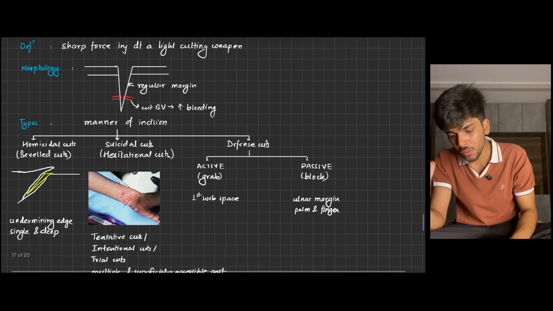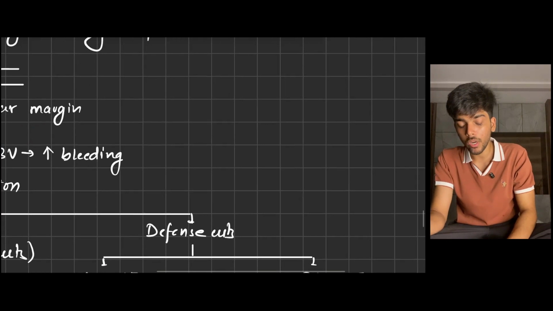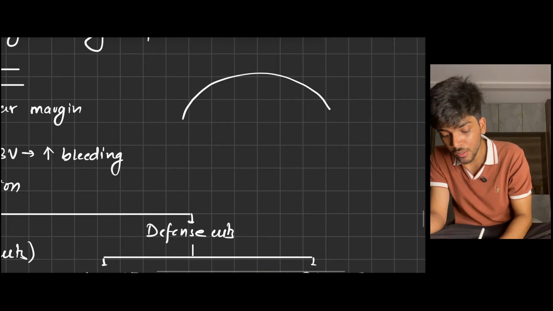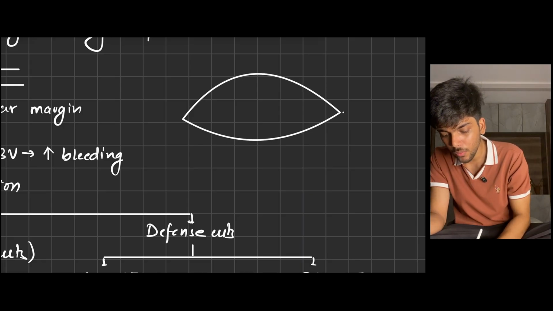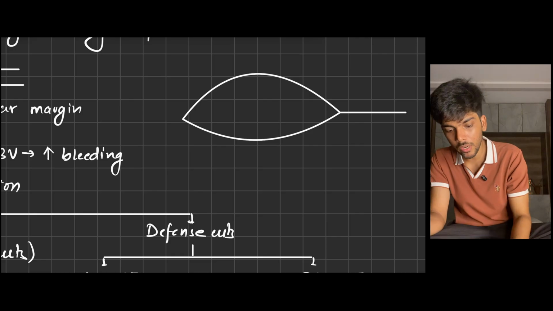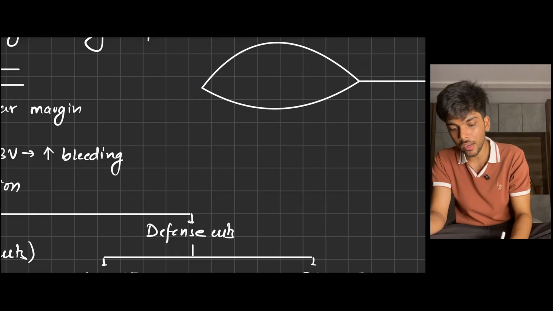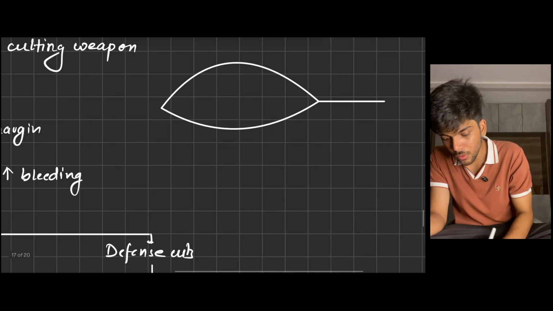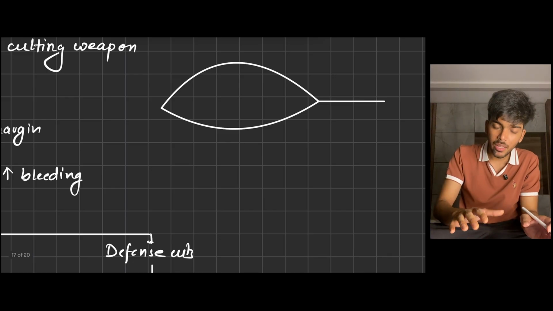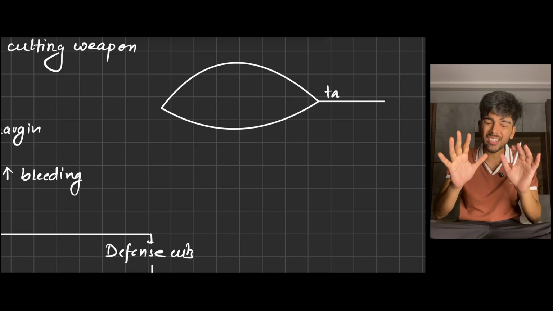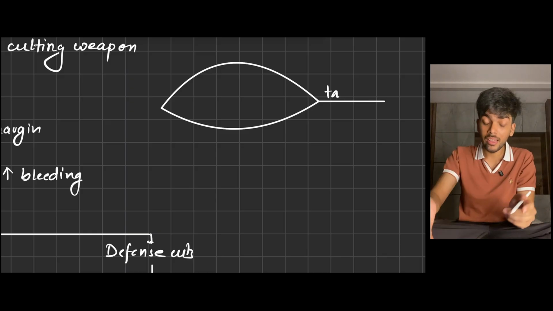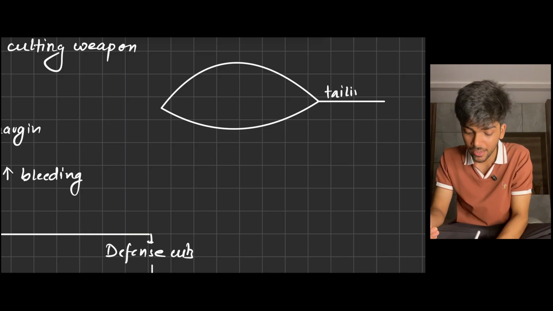So I showed you morphology from the side. What about morphology from the top? From the top, an incision looks spindle shaped with the tail at the end. In case of laceration, there was shallow tailing. In case of incision, there is tailing.